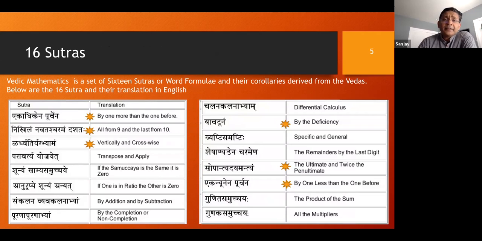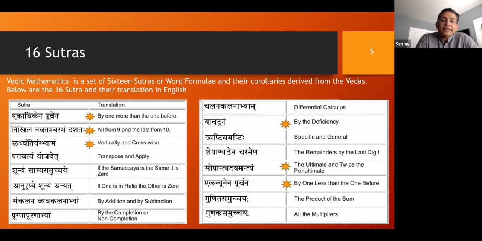Sutras is the key word which you will learn through Vedic mathematics. The entire Vedic mathematics is comprised of 16 sutras, or 16 formulae. These are the ones that pretty much everything in Vedic mathematics is based on, and there are 16 sub-sutras as well.